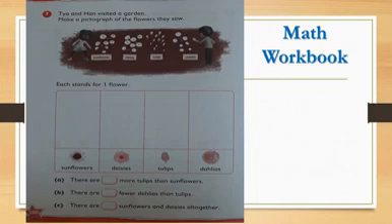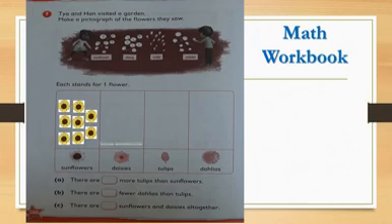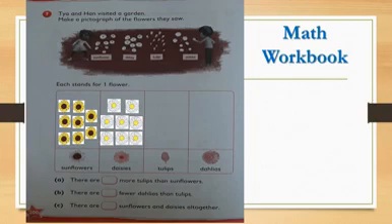Okay, kids, are you finished with your pictograph? Okay, how many sunflowers are there in your pictograph? Correct, there are 8. Okay, how about daisies? How many daisies are there in your pictograph? Okay, there are also 8 daisies. How about tulips?